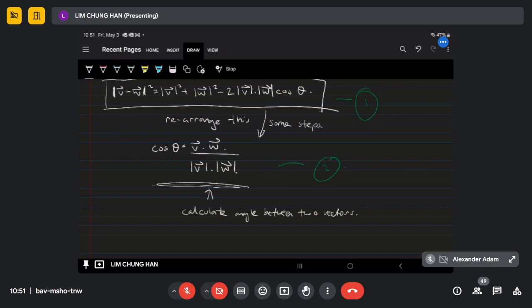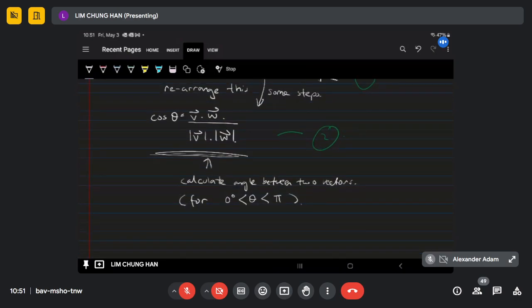However, it's only usable for an angle of 0 degrees to 180 degrees, or 0 to pi only.